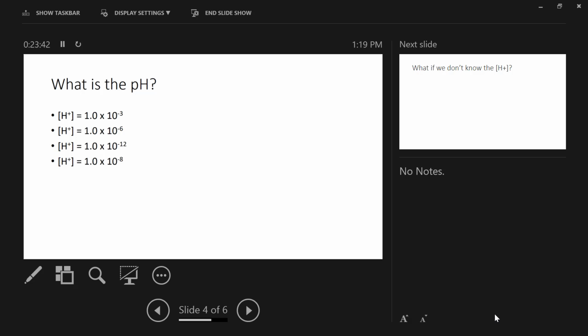There you go. And then we're going to do the logarithm base 10. And there's negative 3, but we need the negative logarithm, so we'll put that in there. And we get 3. Okay?